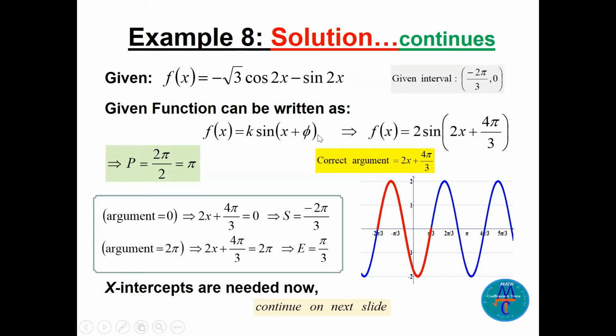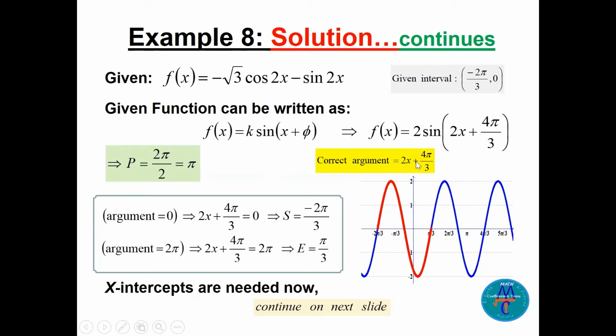See, that's the argument here. See this x in the formula, k sine of x plus phi. Now this x is whatever argument is in the question. So that will be 2 is the k, sine of 2x is the argument, plus the phi, 4 pi over 3.